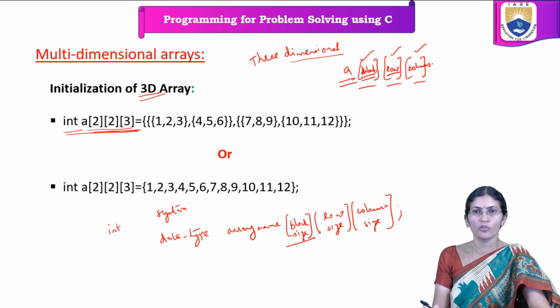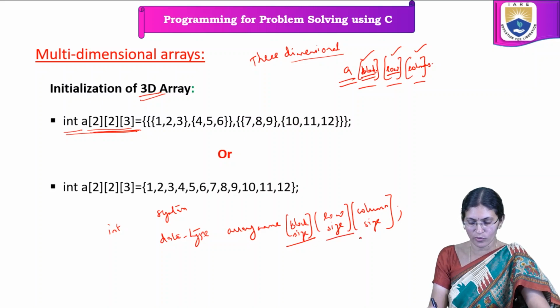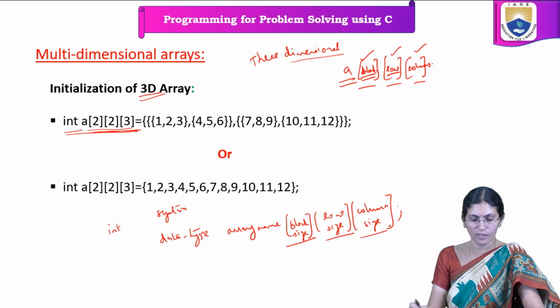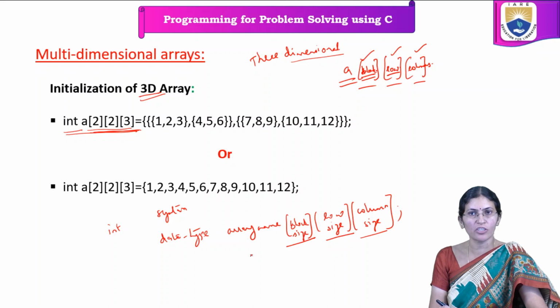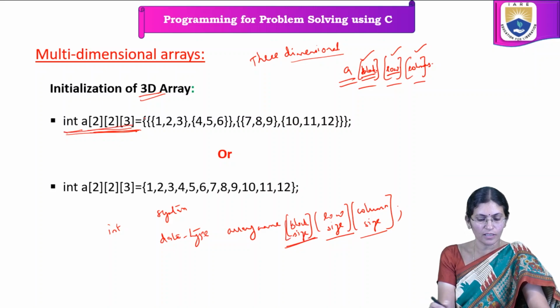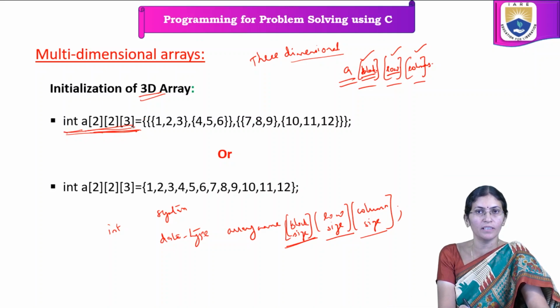So we can consider a three-dimensional array as a group. For example, consider this syntax: int a of 2, 2 and 3. This is the block size, this one is the row size, and this one is the column size.